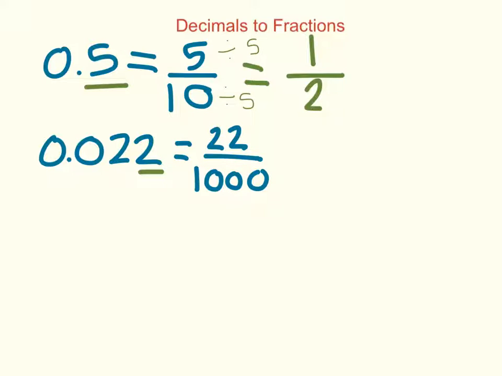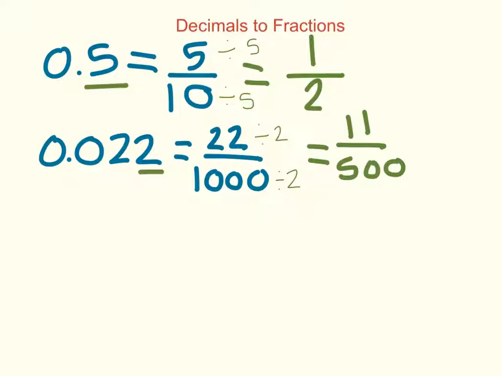A common factor between 22 and 1,000 is 2. So we will divide both the numerator and denominator by 2. 22 divided by 2 is 11, and 1,000 divided by 2 is 500. Cannot simplify any more, so we're finished.